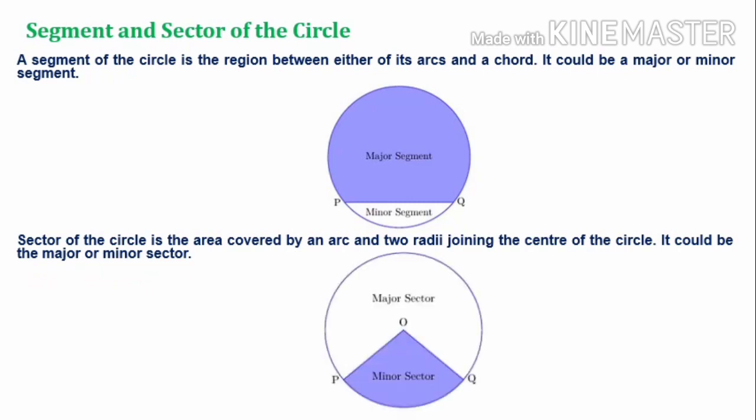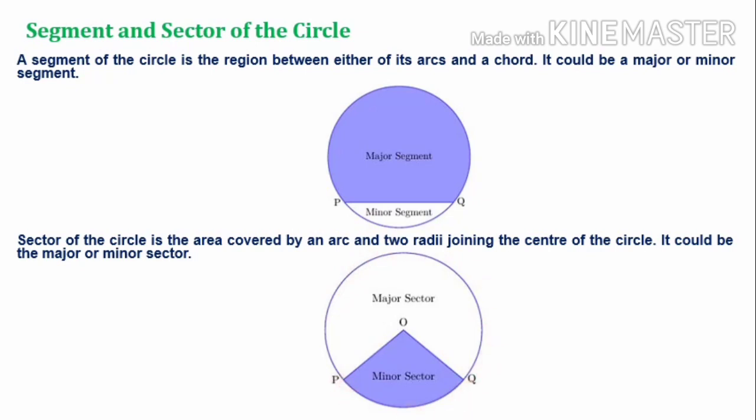When we visualize it, there are two radii, OP and OQ. Radius plural is radii. So OP and OQ are the radii, and when we consider P and Q, two points on the circle, it divides the entire circle into two arcs. One is the major arc, another one is the minor arc.